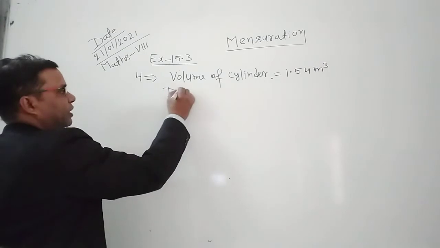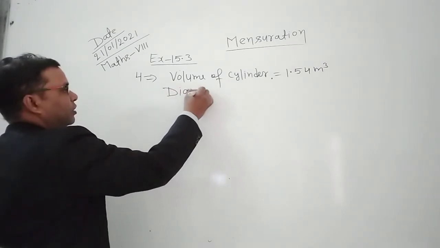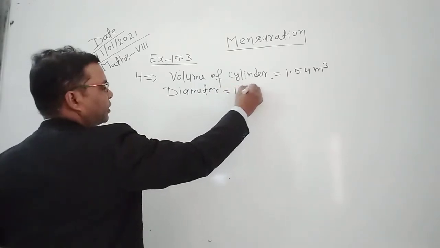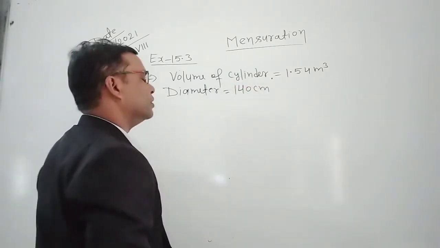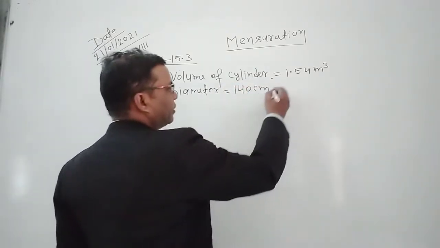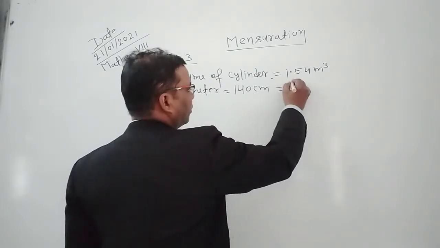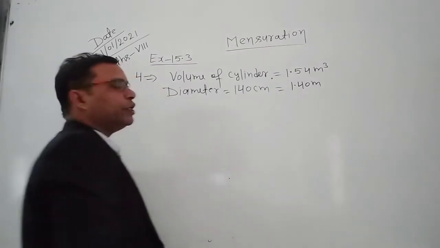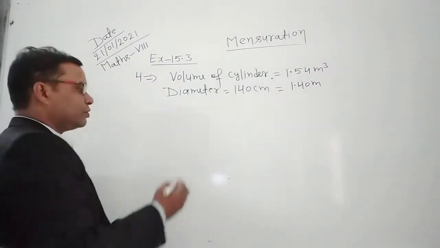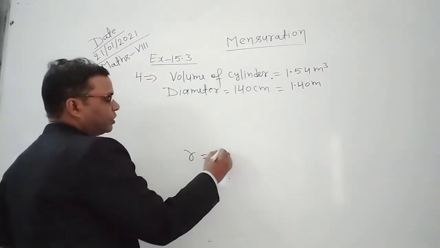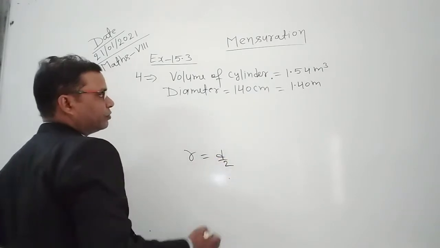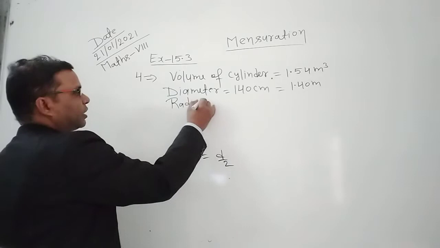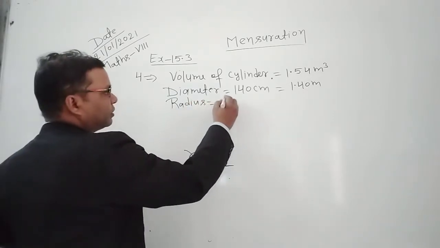So you can write here, diameter is equal to 140 centimeter. If you change it to meter, then you get 1.40 meter. We need to find the radius. So in our way, r is equal to d by 2, diameter by 2. So the radius of the cylinder is equal to what?